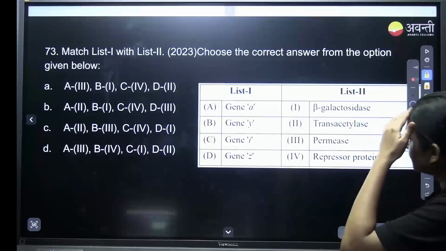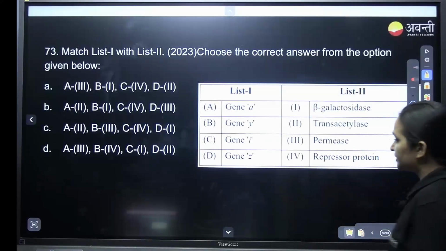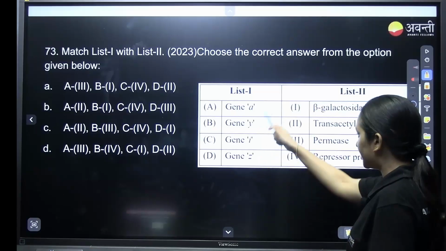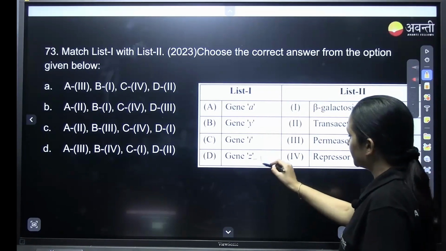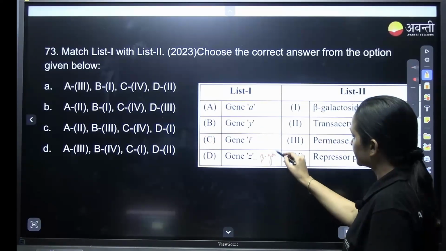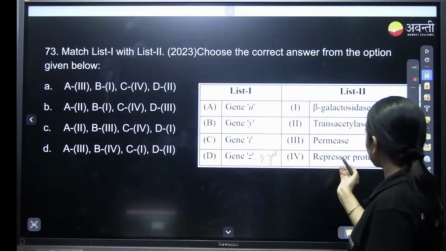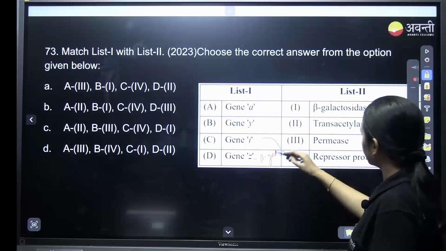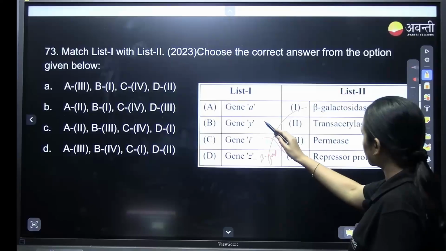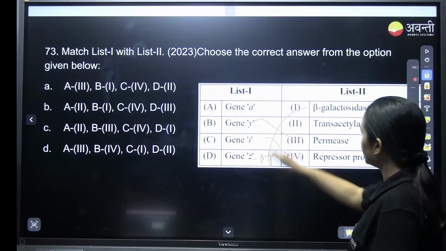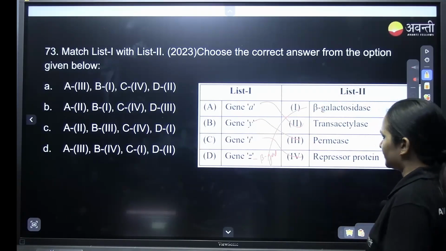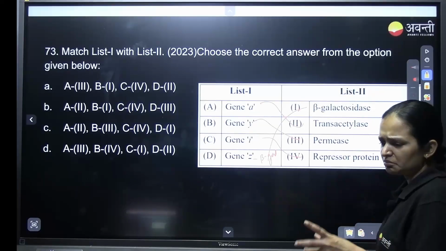Match list 1 and 2. In the gene Z, Y, A: Z is for the beta gal, I is for the repressor protein, Y for the permease, A for the transacetylase.